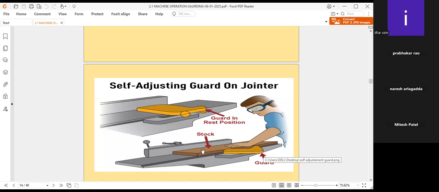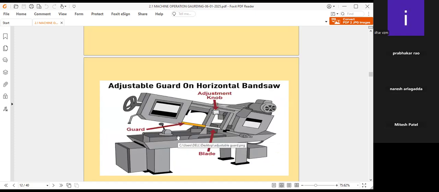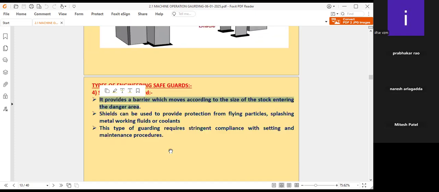It will cut or shape into a position once it is running. Therefore, the exposure of hands is very dangerous. So the risk is less here, but this is somewhat a dangerous area, entering a dangerous area.